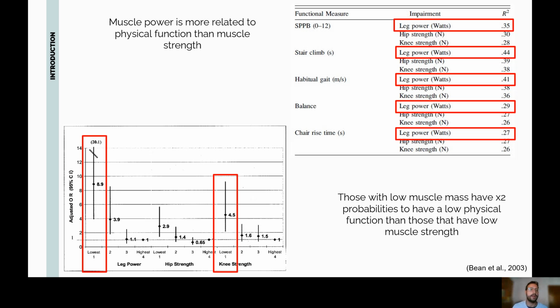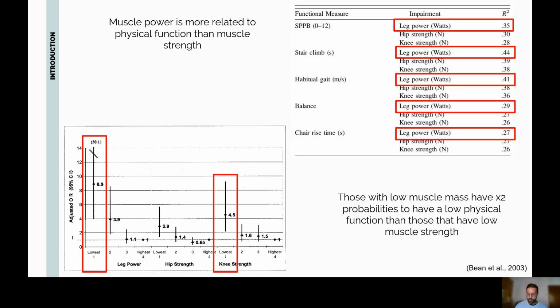Furthermore, muscle power is also more related to physical function than muscle strength, as you can see from this seminal study of Bean, where they compared muscle strength and power with different functional outcomes such as SPPB, the stair climb test, habitual gait speed, balance, or the chair rise time.